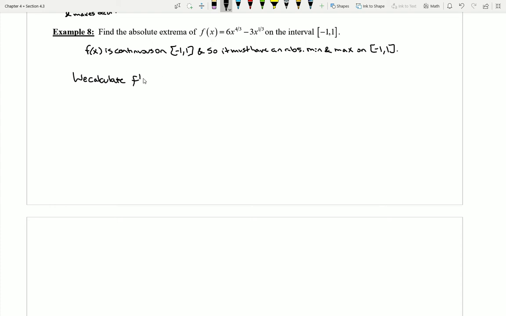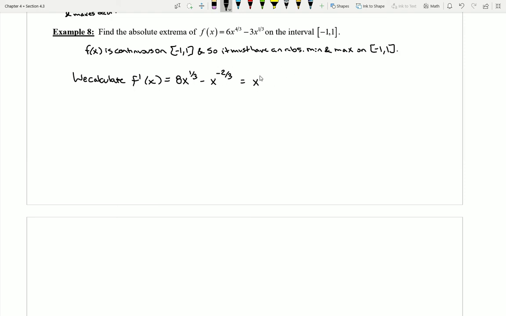So we would calculate f prime of x is going to be equal to, let's see, I'm going to have to bring down my 4/3. It's going to leave me with 8x to the 1/3 minus x to the -2/3. Okay? I'm going to probably want to simplify this, especially when I have these negative powers.